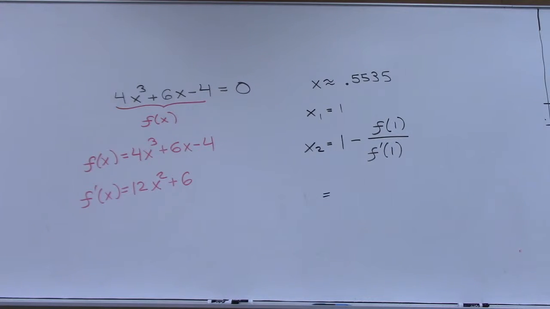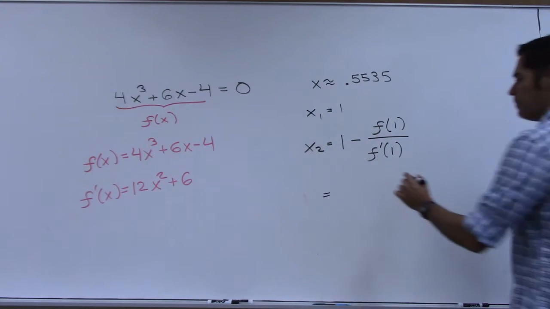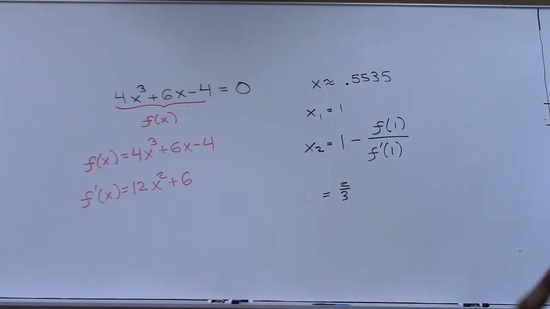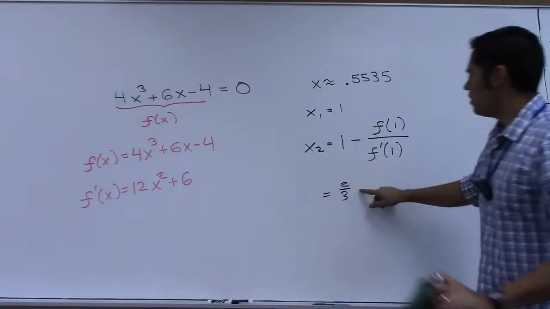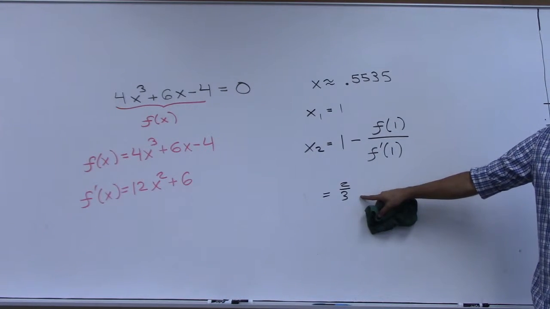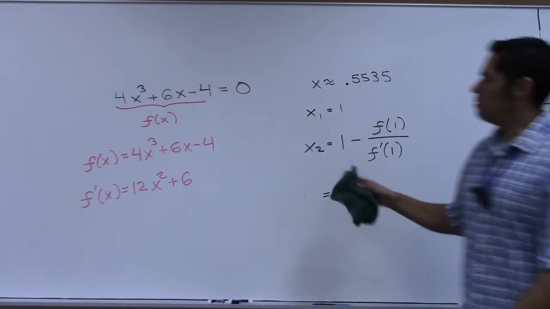Do y'all see what I did here? 2/3. Hey, 2/3 is 0.666 forever. Okay, it's closer.